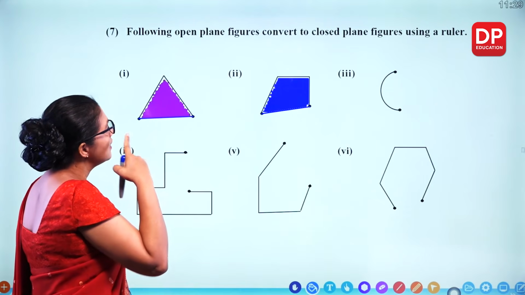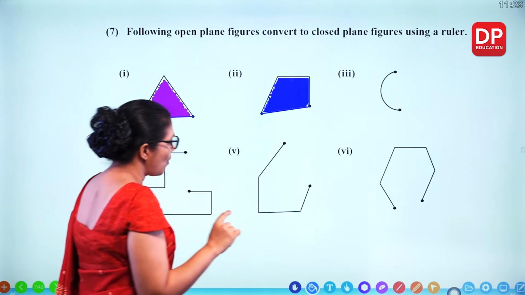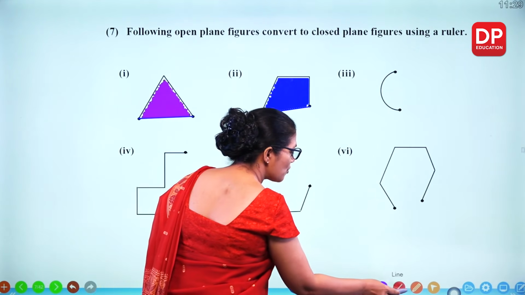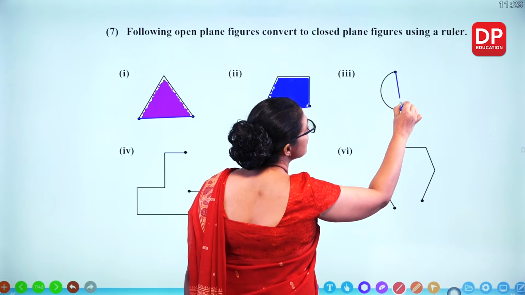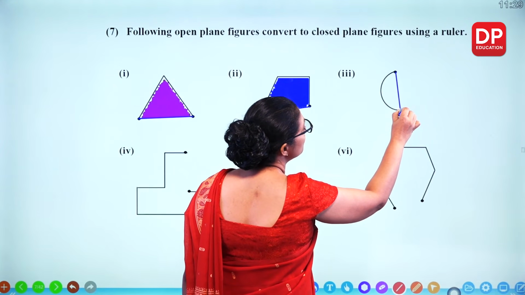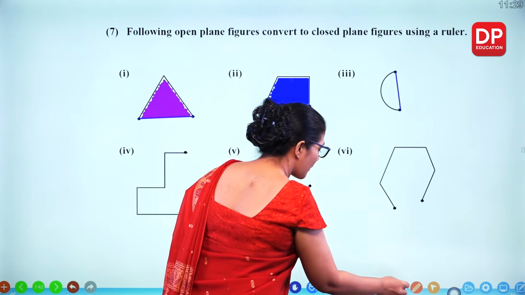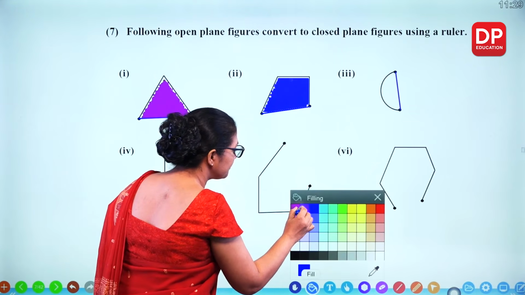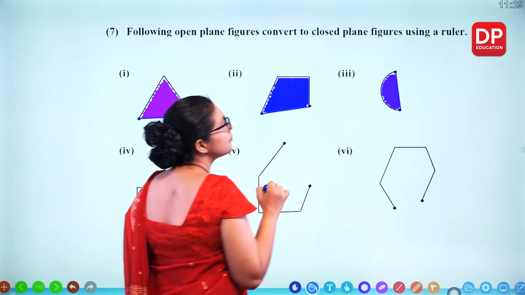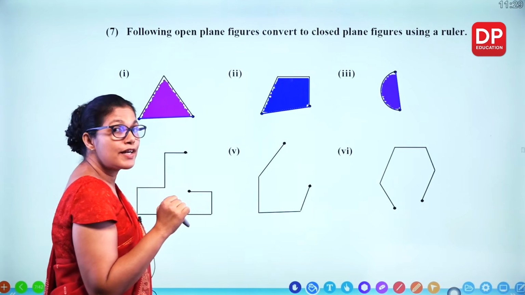So this is a closed plane figure now. We'll take the ruler, connect these two and put a color. So that's a closed plane figure now.